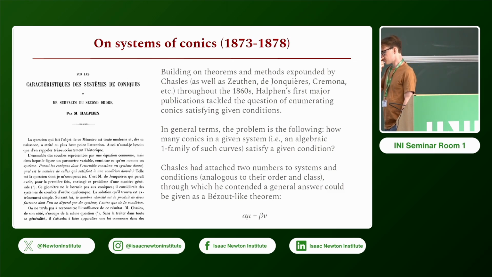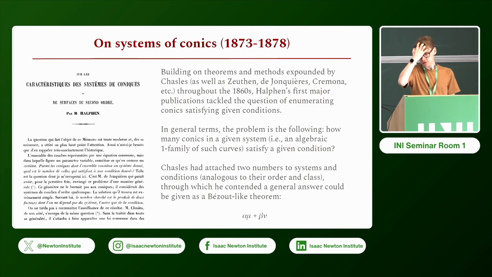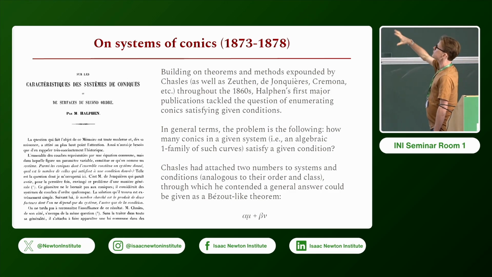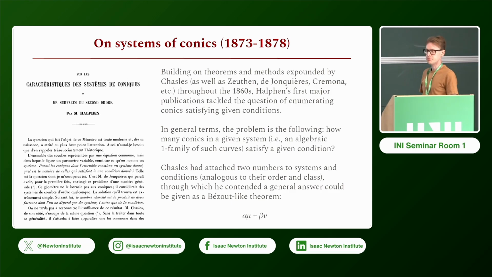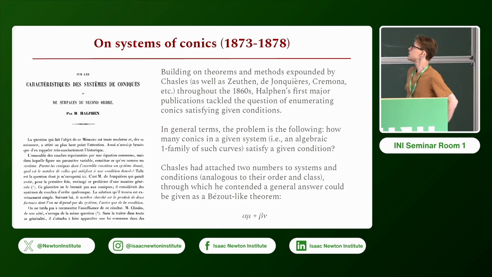So what does this mean concretely? In the first case, systems of conics. Here's what Halphen is trying to tell us. This is one of his first major scientific contributions over the course of the 1870s. He's building on works by Michel Charles, Zeuthen himself, de Jonquière, Cremona, and many others from the previous decade.